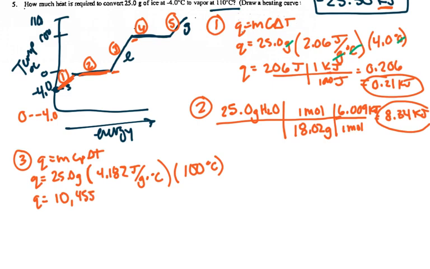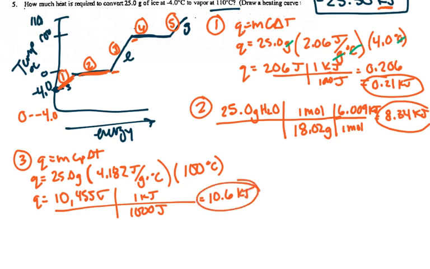Whoops, not kilojoules, but I do need to convert to kilojoules. So 1,000 joules to 1 kilojoule is 10, and I need 3 sig figs, so 10.6 kilojoules. So that's my third one.